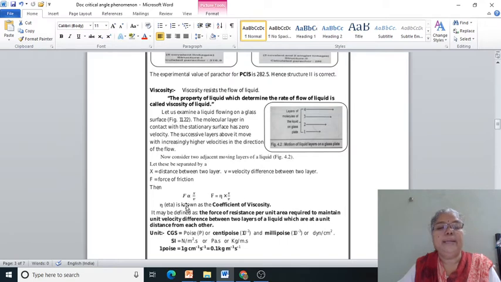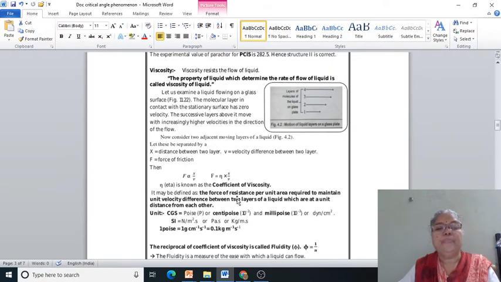That is, eta is known as the coefficient of viscosity, the proportionality constant, and it may be defined as the force of resistance per unit area required to maintain the unit velocity difference between two layers of a liquid which are at unit distance apart from each other.